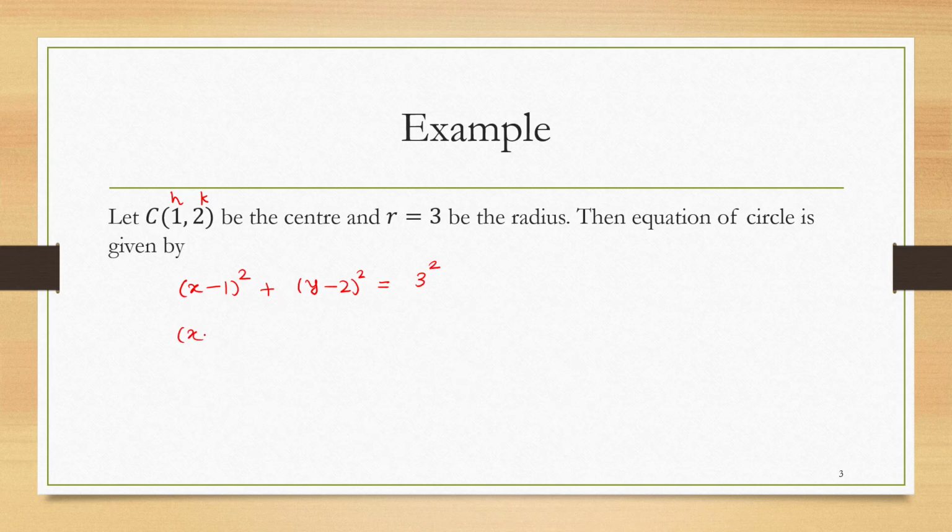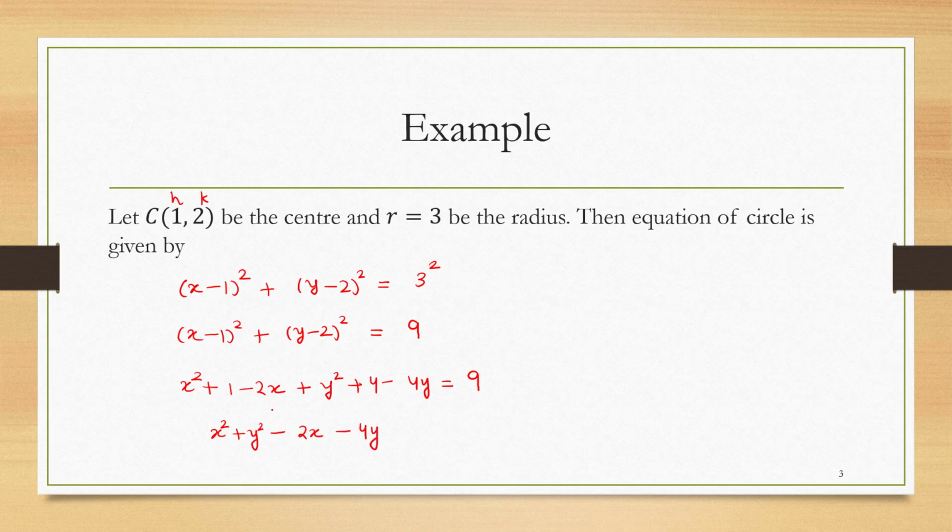Here this is h, this is k. That is (x minus 1) whole square plus (y minus 2) whole square is equal to 9. So opening (a minus b) whole square, that is x square plus 1 minus 2x plus y square plus 4 minus 4y is equal to 9. Or x square plus y square minus 2x minus 4y, this is 1 plus 4, 5, 5 minus 9, that is minus 4 equal to 0.